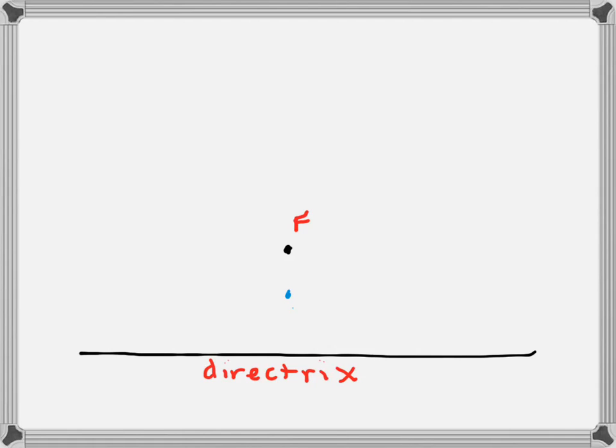In fact, we often call this distance between the two P. I'm just going to draw this purple line here, and there was that focus. This distance is P from here to there, and this distance from here to there is also P.